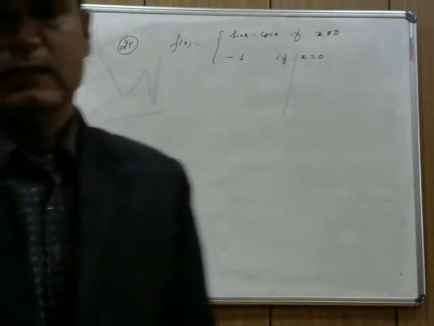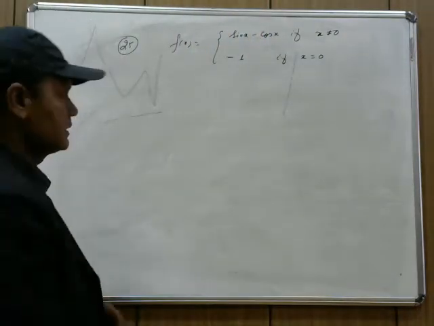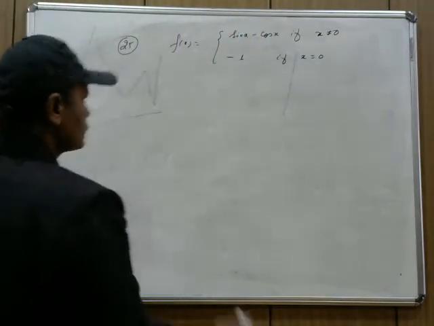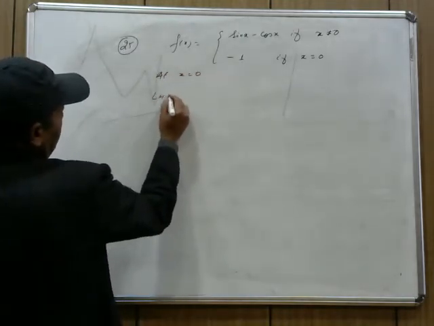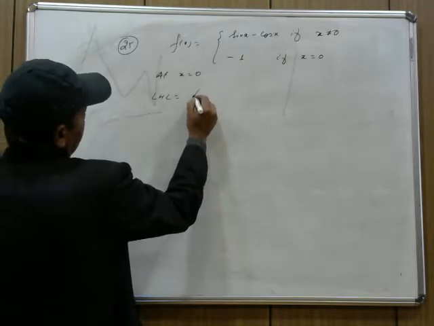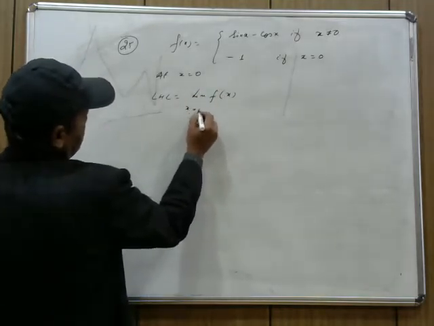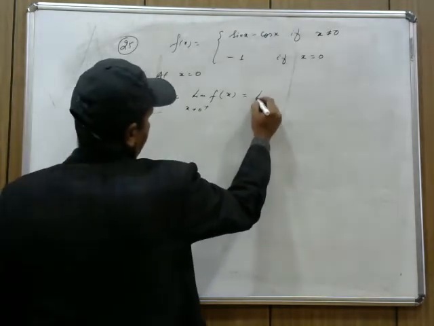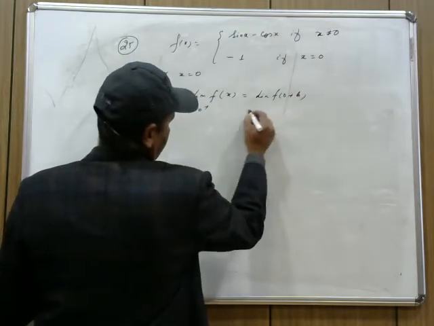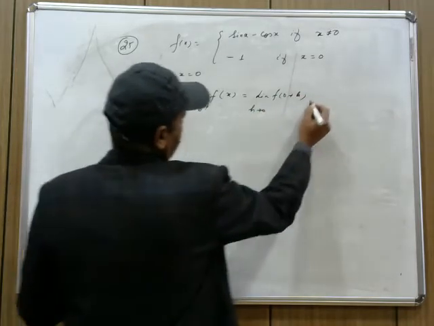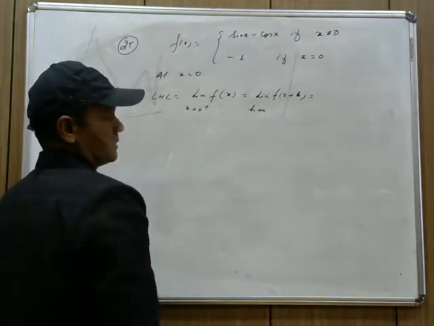And we have to check the continuity of this function, right? That means, of course, I will check the continuity of the function at x equal to 0. At x equal to 0, LHL: limit f of x as x tends to 0 plus is equal to limit f of 0 plus h as h tends to 0, and that is equal to what? Sin x minus cos x, because 0 plus h is not equal to 0.